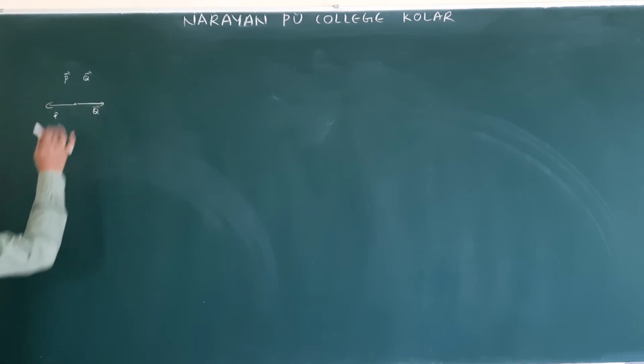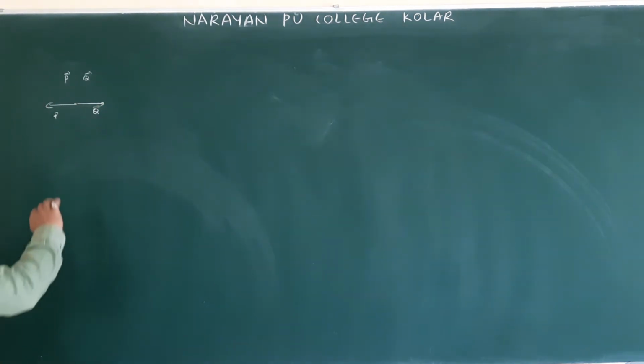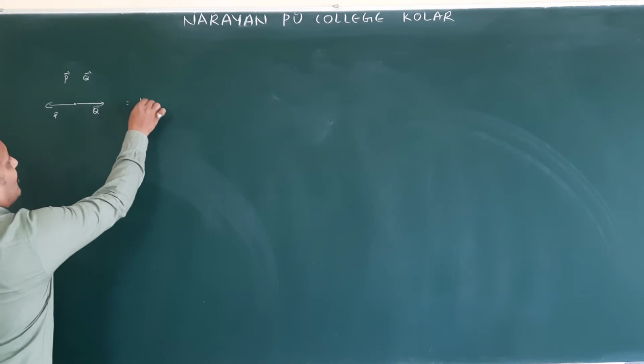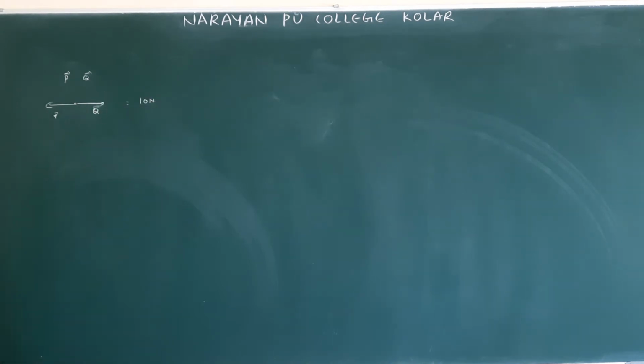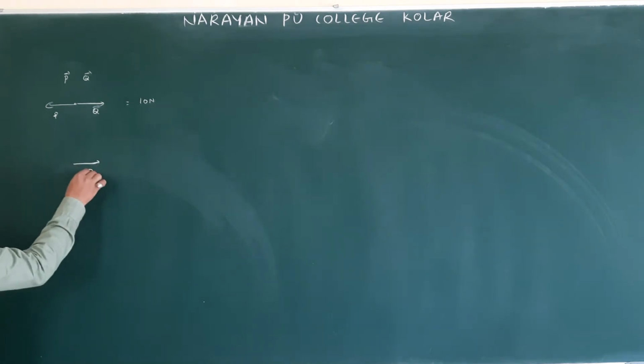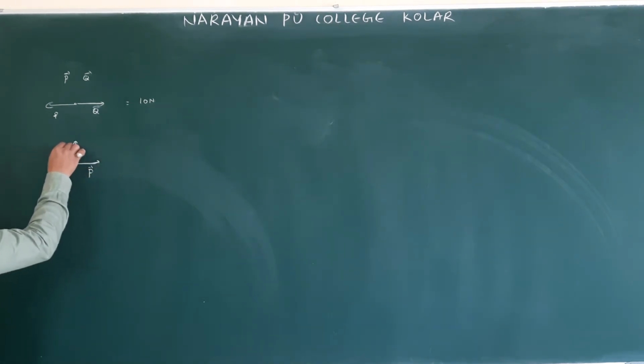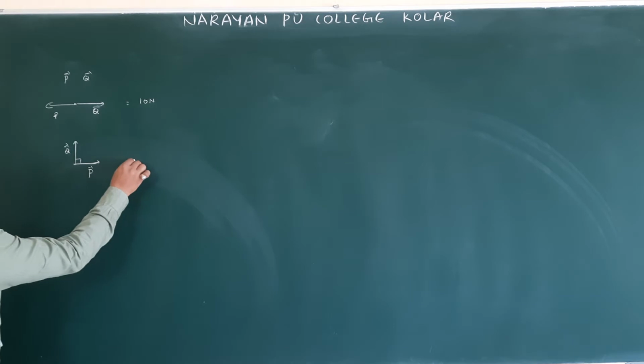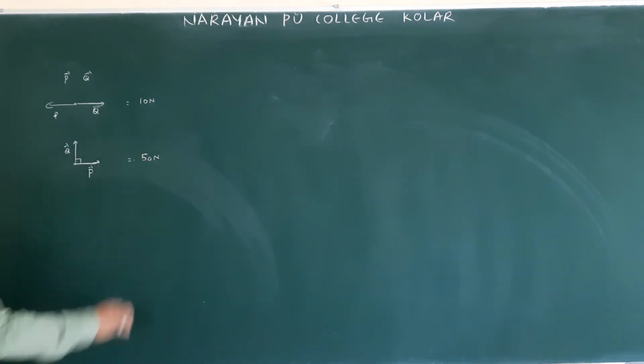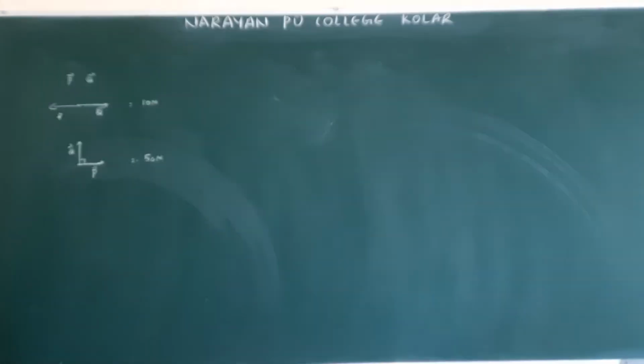P and Q both are in opposite direction, resulting in 10 newtons. Next, P bar and Q bar both perpendicular at the time, result in 15 newtons. Then what are P value and Q value they are asking.